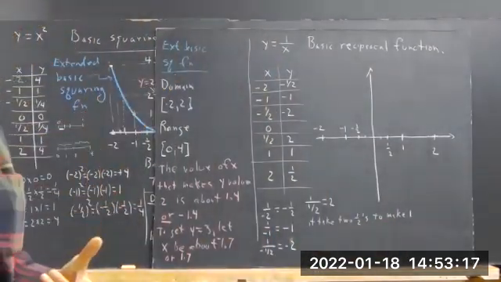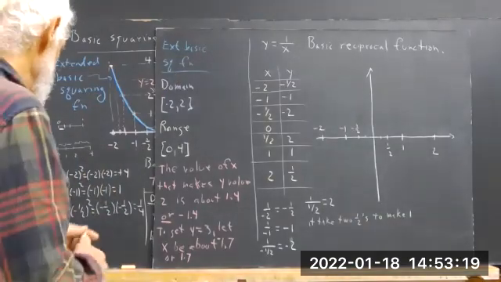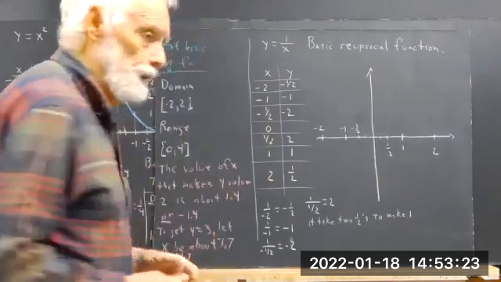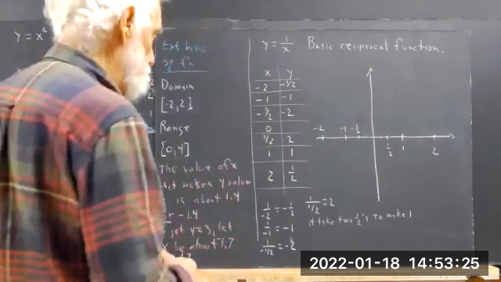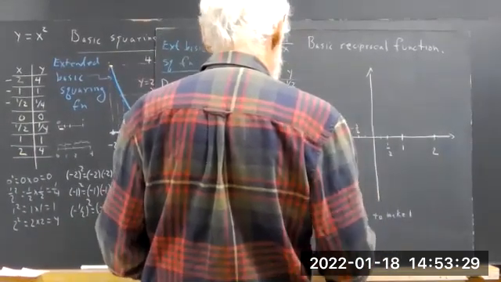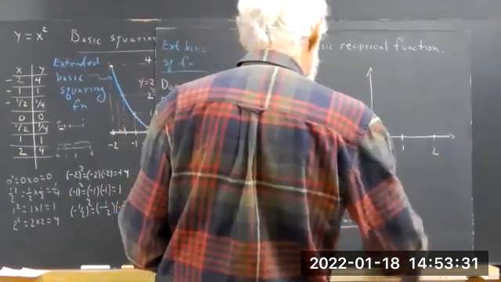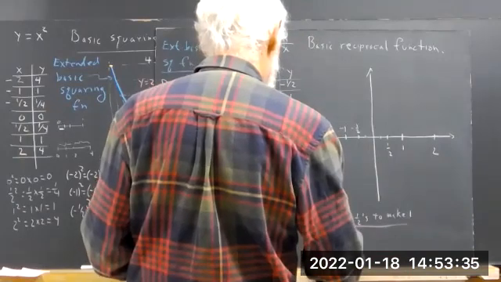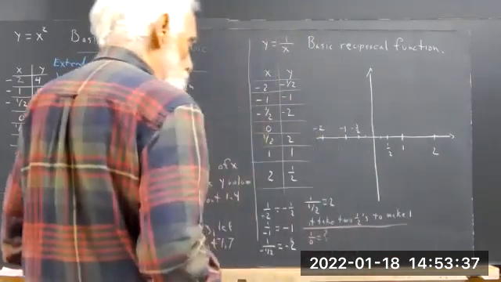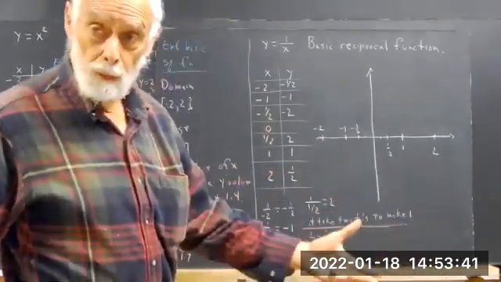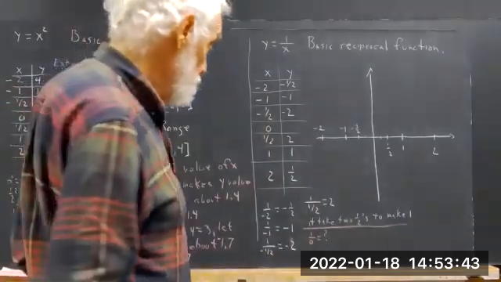Now, what about 1 over 0? So this is a big deal. People mess this up all the time. Well, how many zeros does it take to make 1?